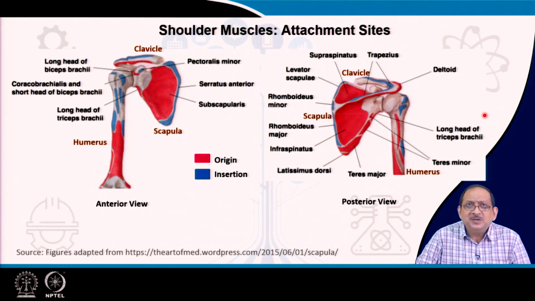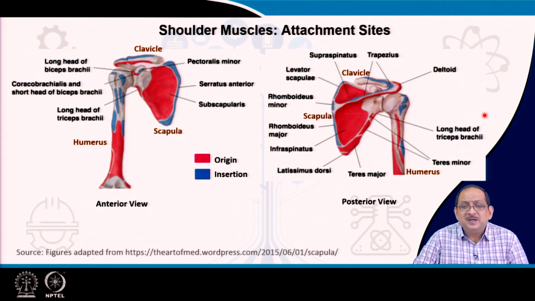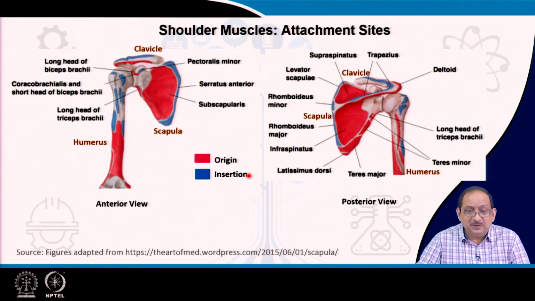There is a large number of muscles in the shoulder joint. We can see the origin, which is marked by red color, and the insertion of the different muscles in the shoulder.